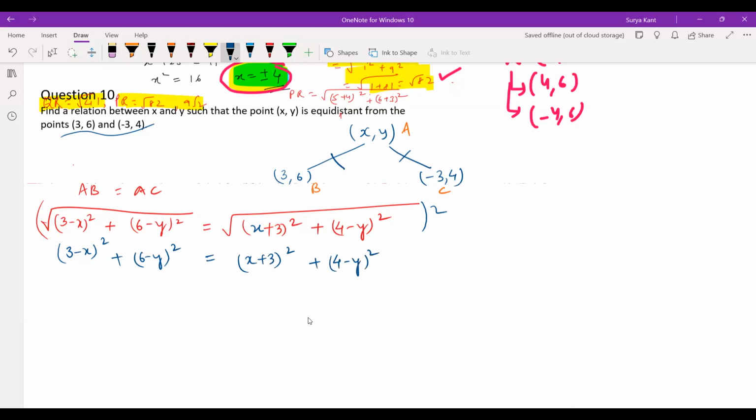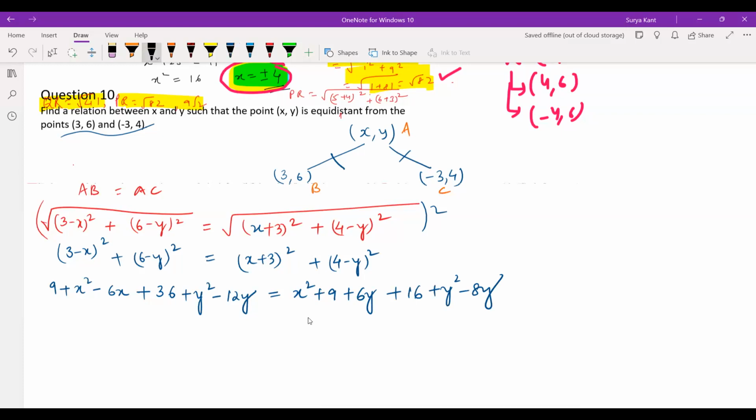On squaring this, what you'll get? 9 plus x square minus 6x plus 36 plus y square minus 12y is equal to x square plus 9 plus 6x again plus 16 plus y square minus 8y.